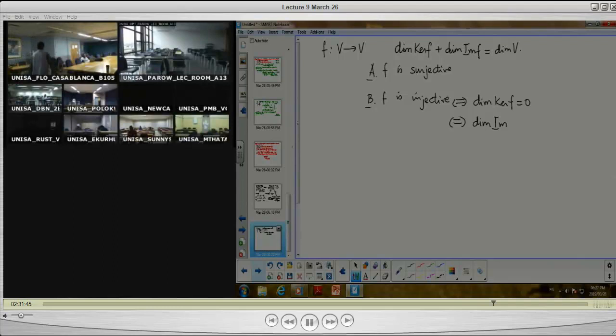On the other hand, this statement is the same as saying G is surjective. Okay? So you see.